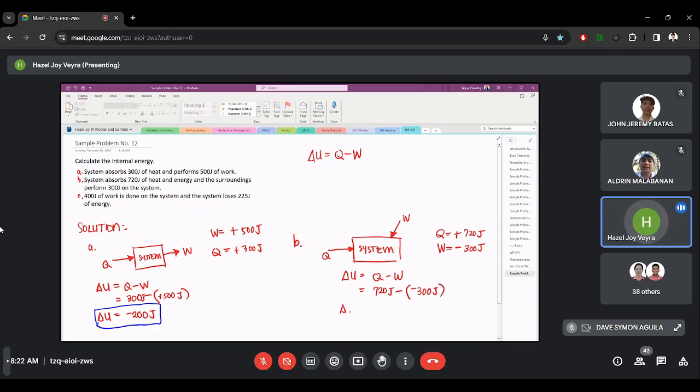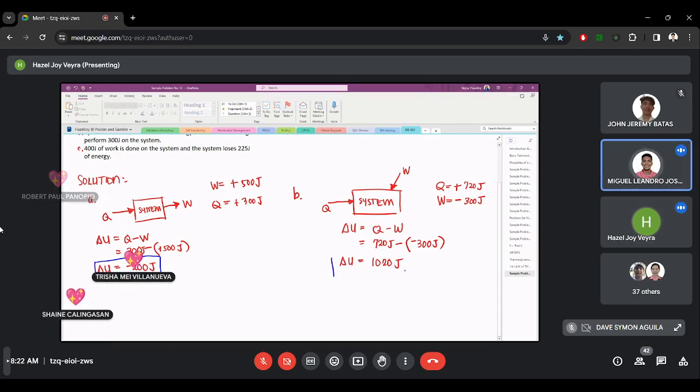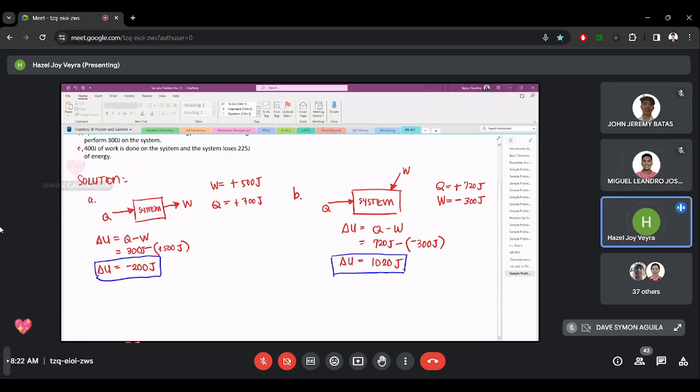So the internal energy in the system is 1020 joules. Naintindihan po ng lahat? Nalilito pa? Gets po. Okay.